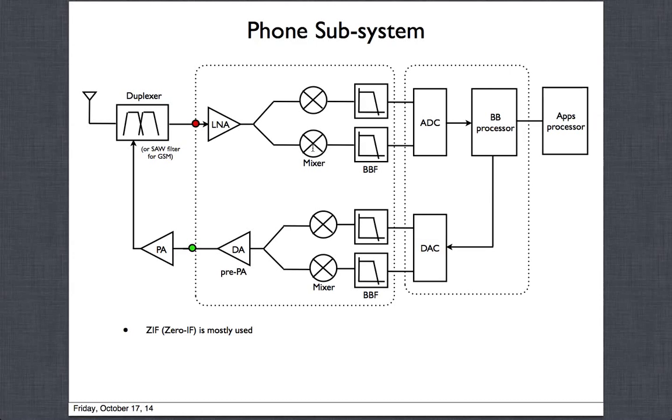That is still true for GSM type things, but if your information and your power is distributed among many carriers, you can pretty much neglect what is at DC. So if you have very high flicker noise at DC, so what? Just don't put information at DC. Put it at neighboring frequencies, because you have a certain channel bandwidth.